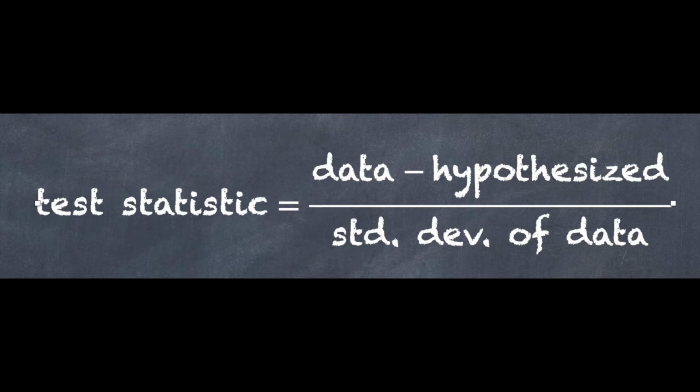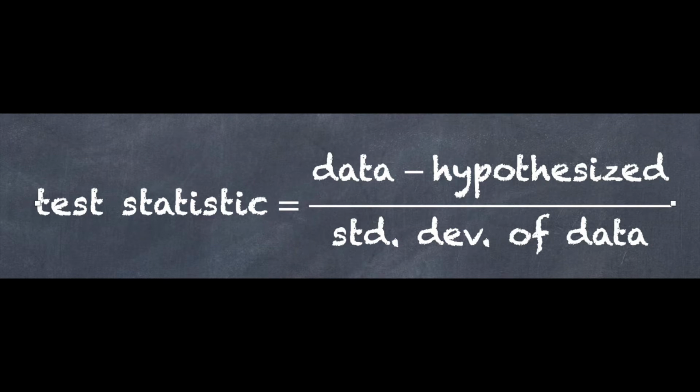We've seen this over and over before. So our test statistic is going to be something from the data minus something that we have hypothesized under the null hypothesis, divided by the standard deviation of that thing that comes to us from the data.